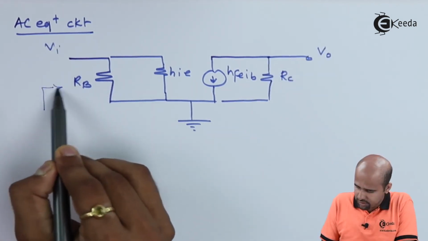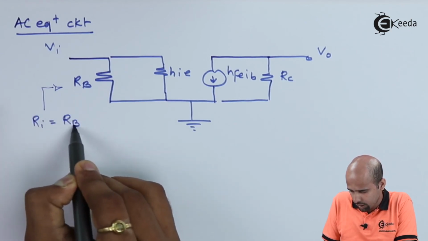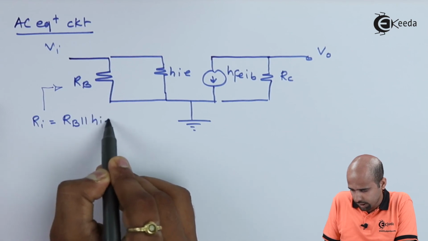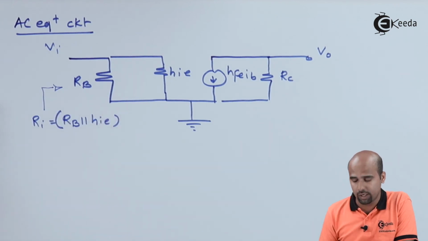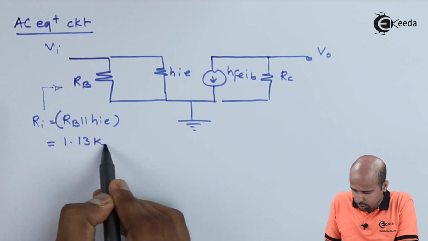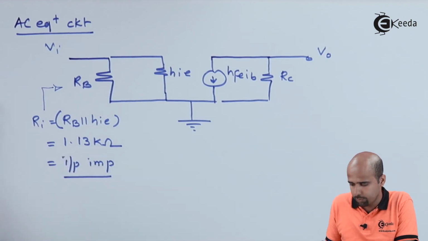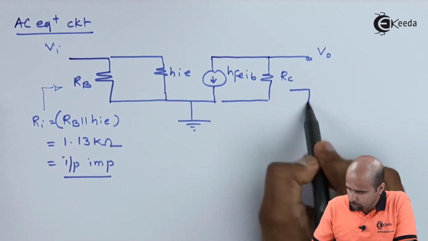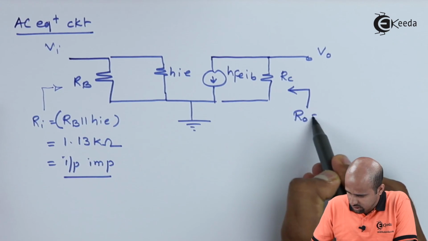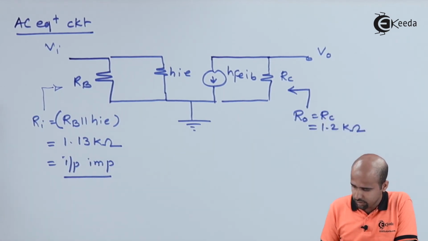Your input impedance Ri is equal to RB parallel HIE. We have already calculated this as 1.13 kilo ohm. So Ri input impedance is 1.13 kilo ohm. Output impedance Ro is equal to RC, which is 1.2 kilo ohm.